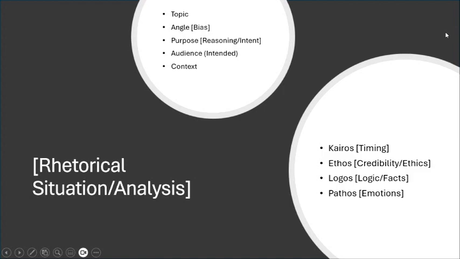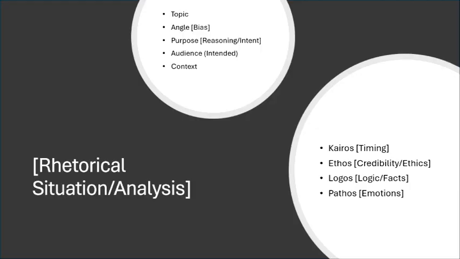All right, now we're talking about TAPAC and KELP. Like I said, those of you who've had me before, you're familiar with this. Those of you who have not, welcome. So the rhetorical situation, in case you've forgotten between now and when you took English Comp 1, is the functions that arguments have.